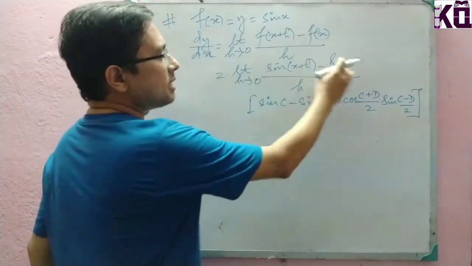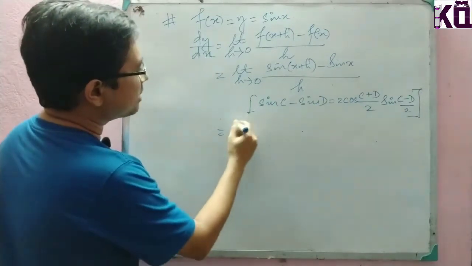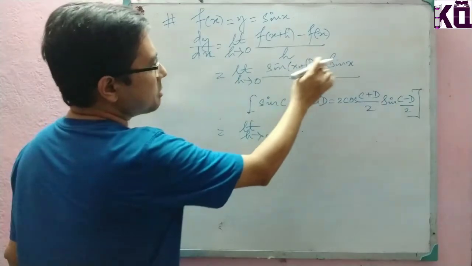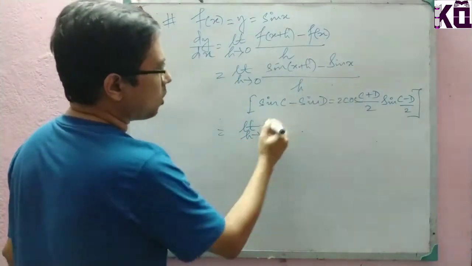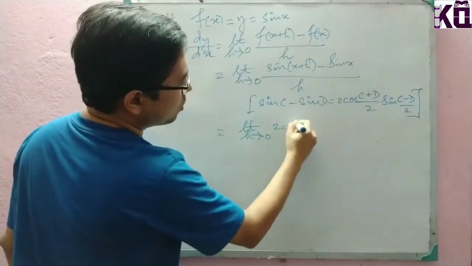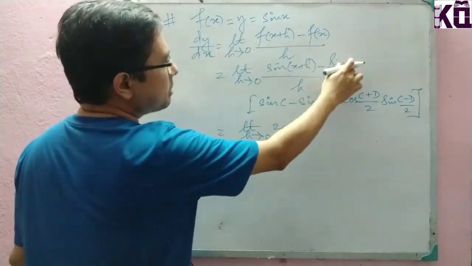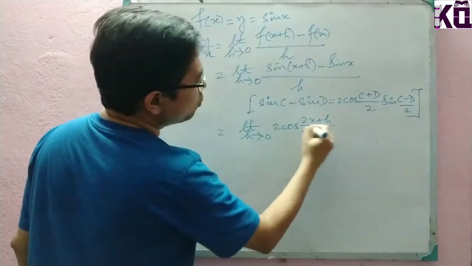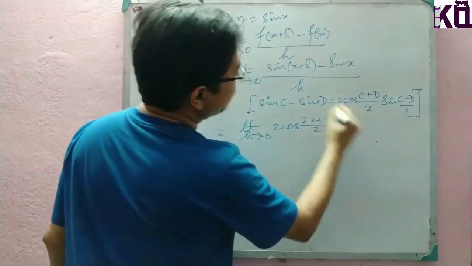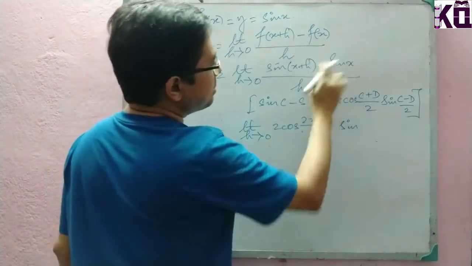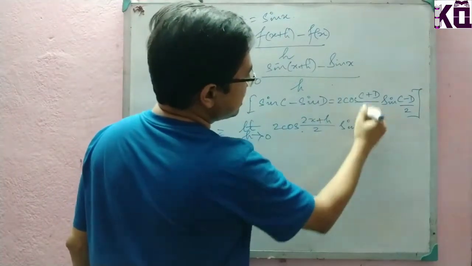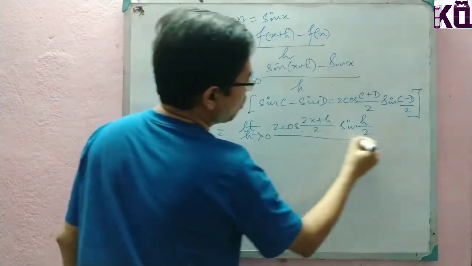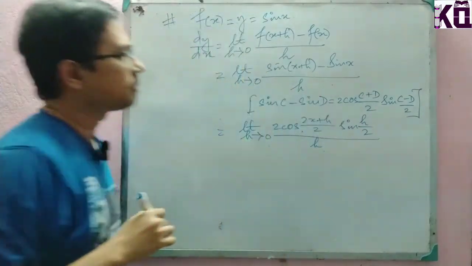Say this one is C and this one is D. So we can write the limit h tends to 0 of 2 into cos((2x + h)/2) into sin of (x + h - x)/2, which is h by 2, whole divided by h.